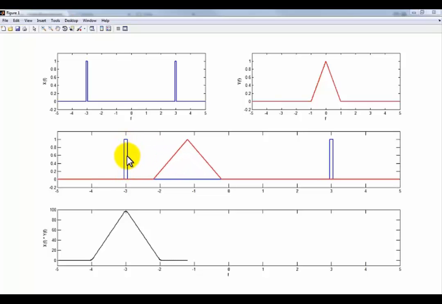I made them thin squares to represent a delta function, but we're doing the same convolution, and what you can see is because they're very thin, you basically get an almost perfect reproduction of your original spectra, and it is centered at 3 and 3, which is exactly where the two delta functions are.